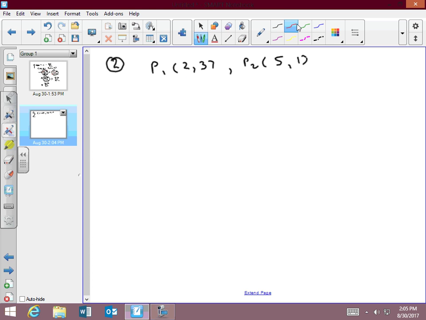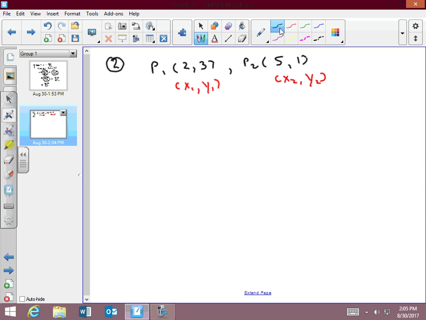Now notice that this would be x2, y2, and this would be x1, y1. Pardon me, I did that wrong. This is x1, y1, and this is x2, y2, because it's P1 and P2.